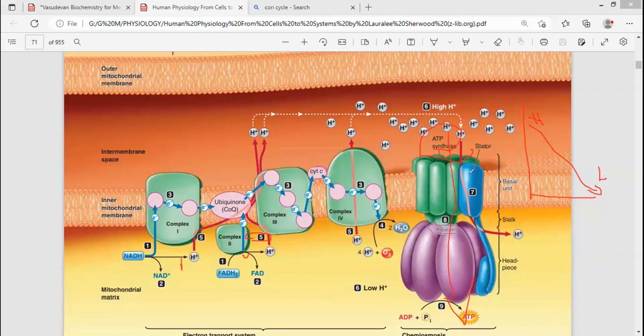Or you can say that this flow of hydrogen ions will activate this ATP synthase. It's like they'll activate the ATP synthase, and now ATP synthase will be able to combine ADP plus a phosphate to make ATP.